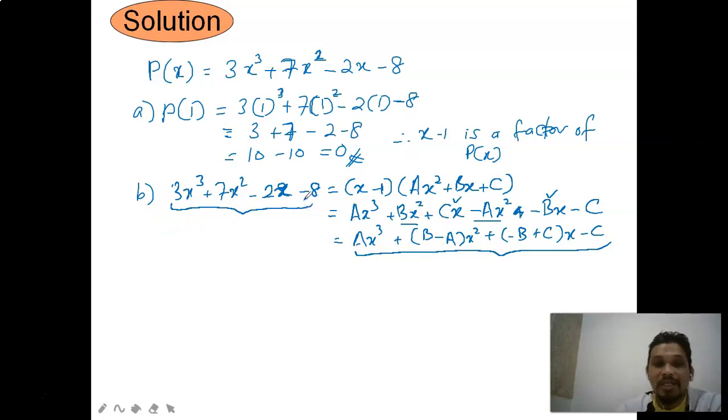We can see clearly here that ax cubed matches 3x cubed, so a equals 3.